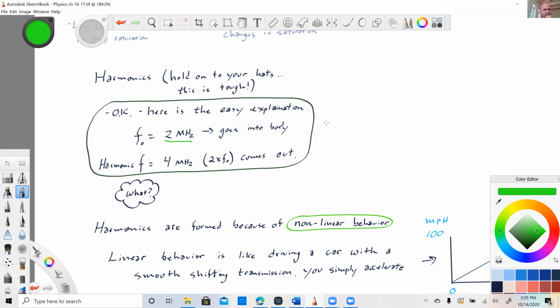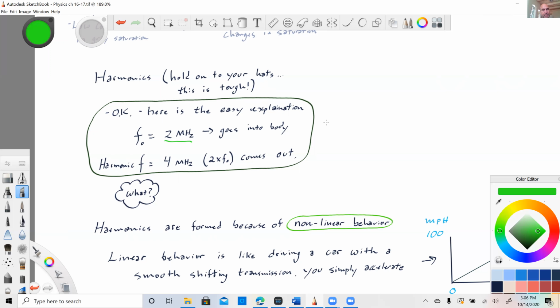This is not the same as saying I have a 2 megahertz transducer with a broad bandwidth, where 2 megahertz goes in, but also 1 megahertz and 4 megahertz go in, because there are multiple frequencies in the pulse. That's not what we're talking about here. We're talking about simply a fundamental frequency of 2 going in and a harmonic of 4 coming out.